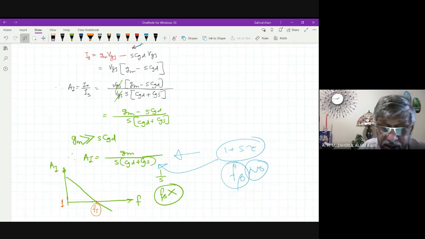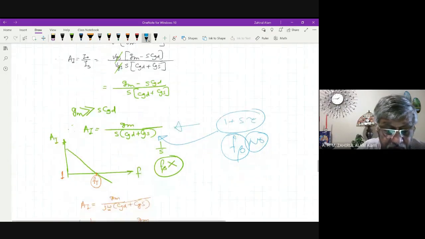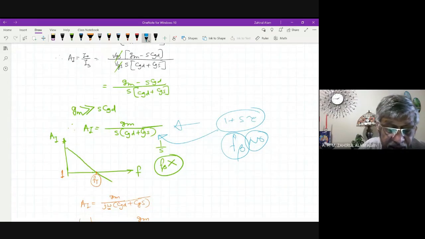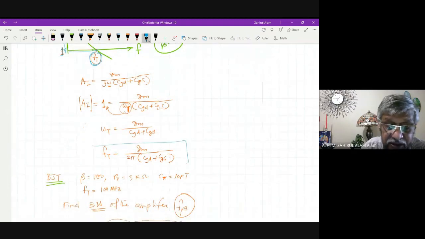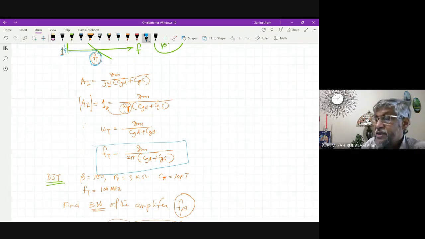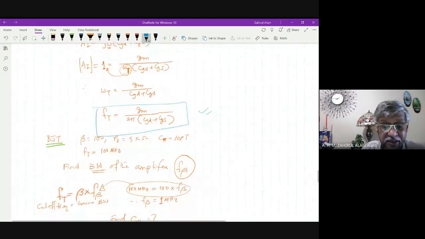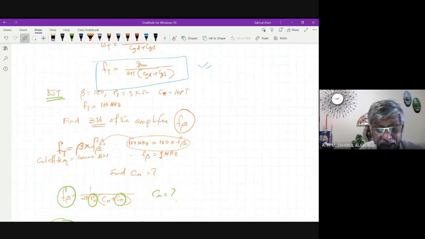For this particular case there is no beta frequency, but we have an Ft, which is the cutoff frequency, as I mentioned. If the short circuit current gain reduces to 1, that frequency is known as the cutoff frequency. If we substitute, we can find the relationship for the cutoff frequency. Then you can go through this lecture.